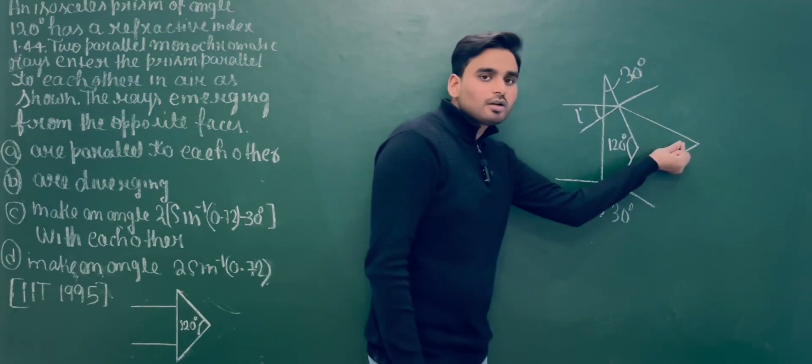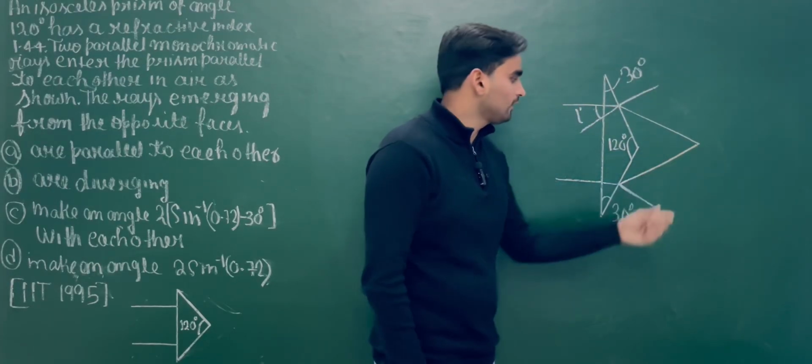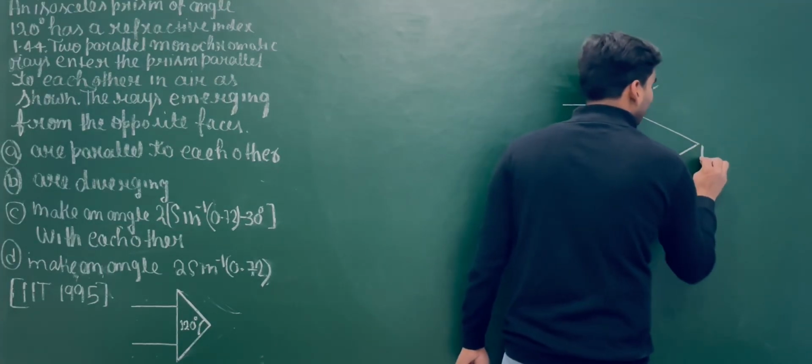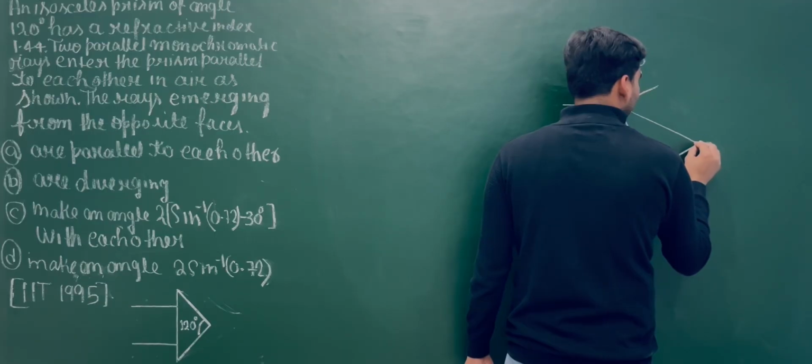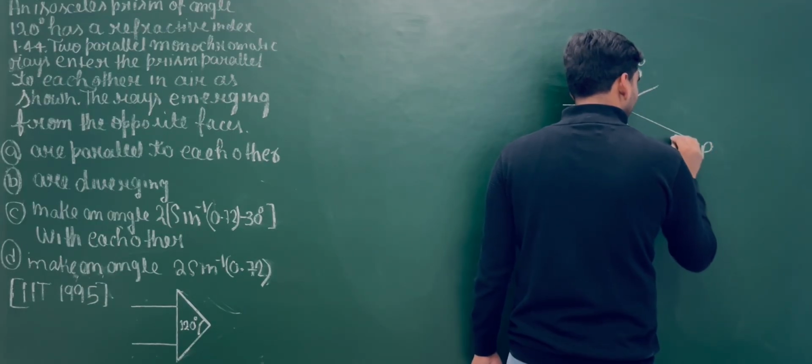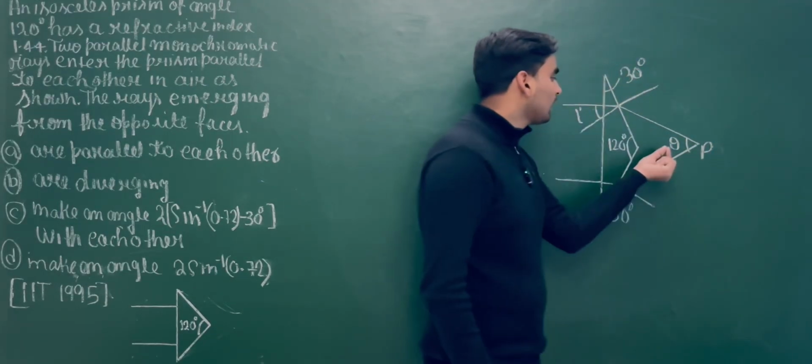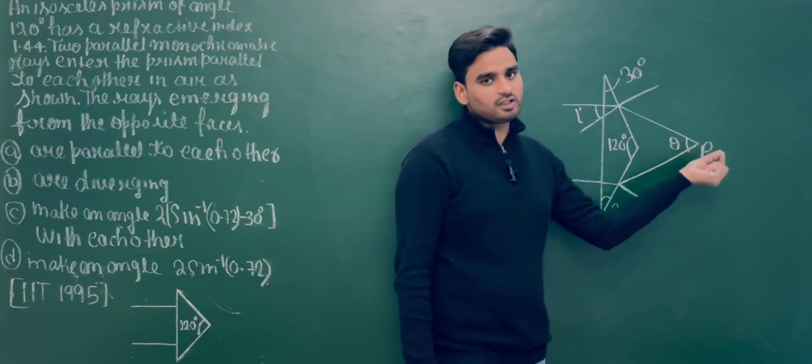These two emerging rays meet at a certain point P. Suppose this angle is theta. Theta is the angle between these two emerging rays.